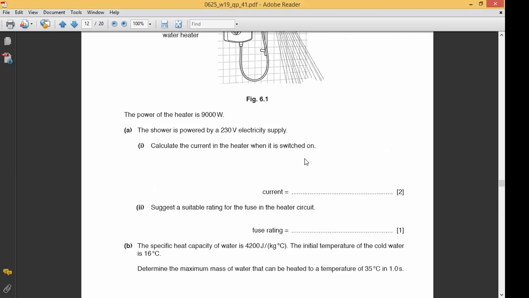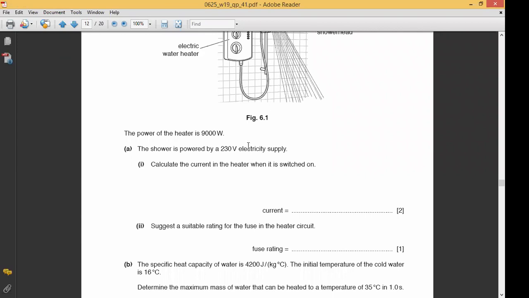So suggest a suitable rating for the fuse. What's the essence of a fuse? A fuse is actually used for when large amounts of current come through a circuit. Now, what will be the rating of the fuse in ampere? What kind of fuse do we use for this kind of circuit?